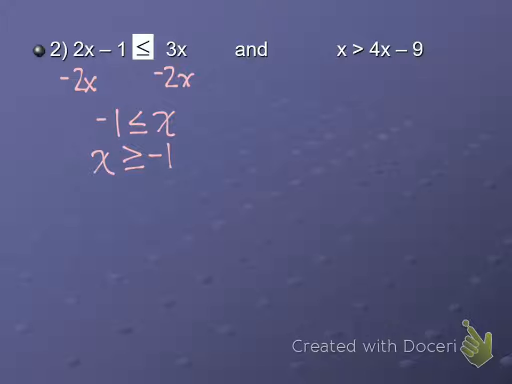On my other inequality, I have x is greater than 4x minus 9. I'm going to subtract 4x from both sides, which would leave me with -3x is greater than -9. Next, I have to divide both sides by -3.